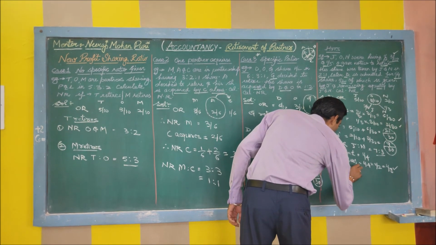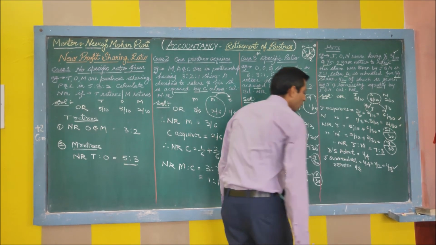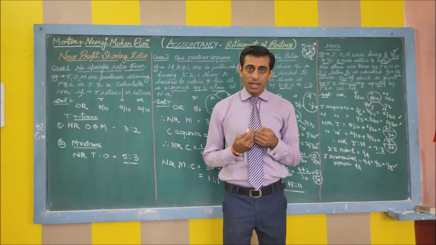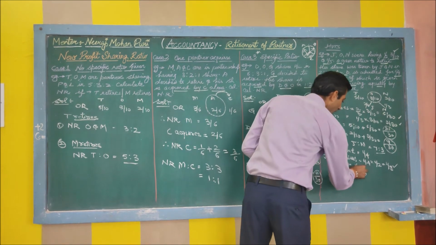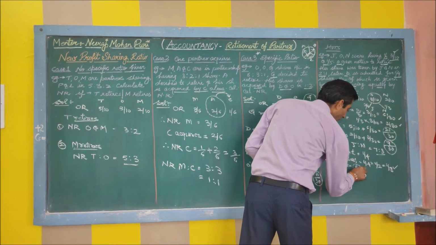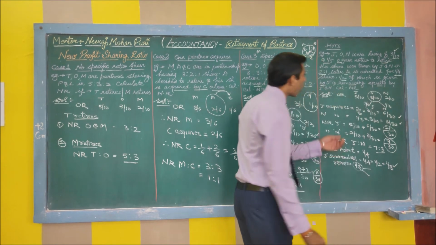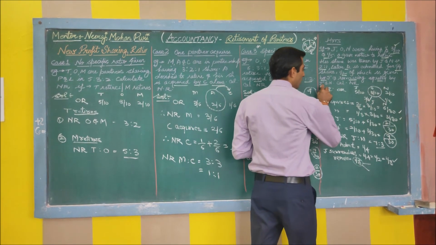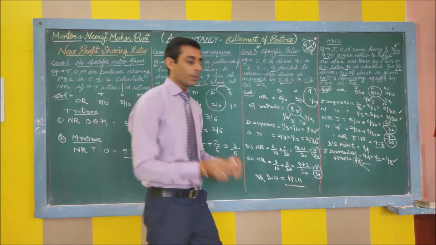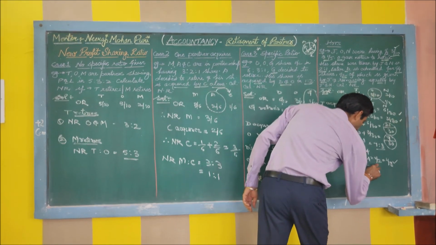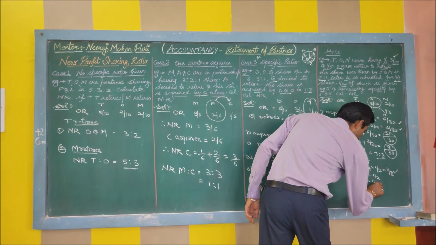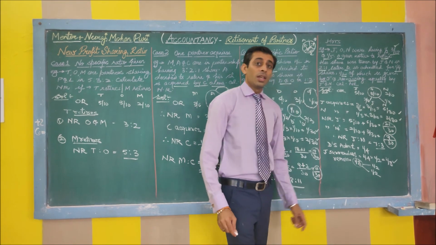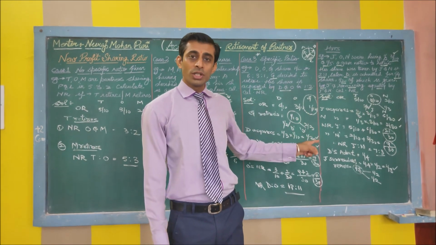Remaining is 1/8, because J alone surrendered half of 1/4, and the remaining 1/8 will be borne equally by both J and N. That means half and half. Half of 1/8 is 1/16. Now this is the situation of admission.